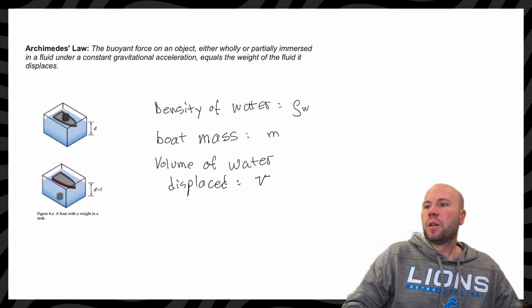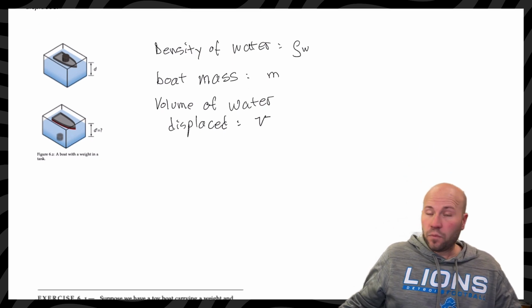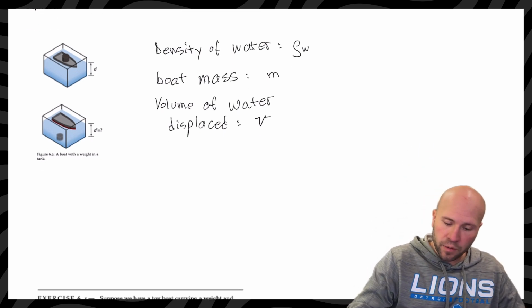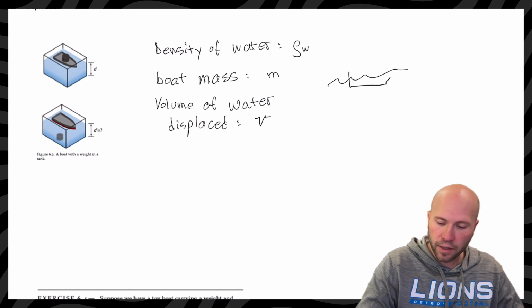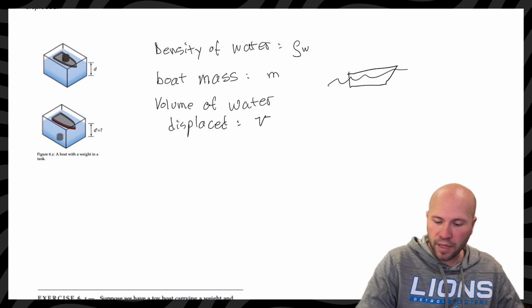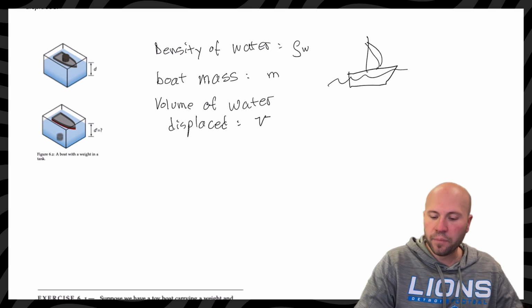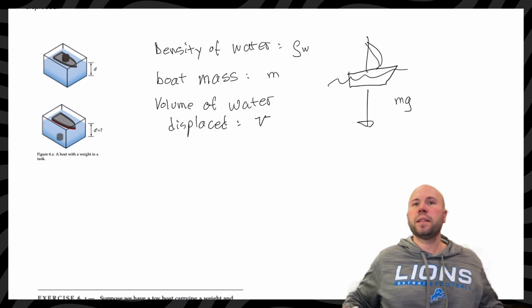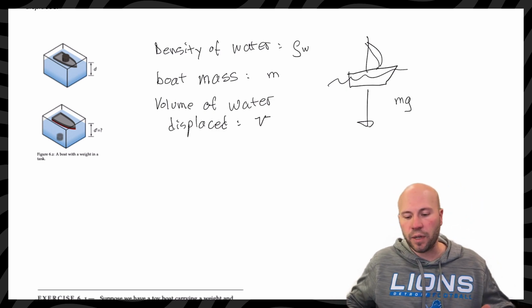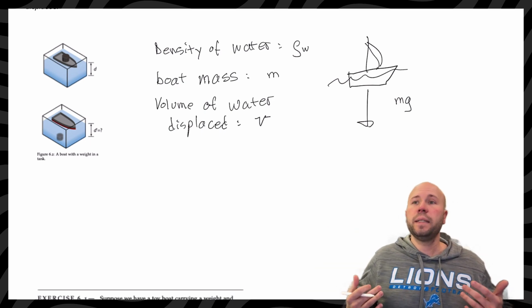All right. So then, now, we know the force on our boat, right? The force acting on my little boat in the water. If I were to put my little boat here in the water, looks like that. Maybe it's a sailboat. I don't know. But there is a force acting on this boat, which is mg, where g is the constant gravitational acceleration, pulling that boat down.